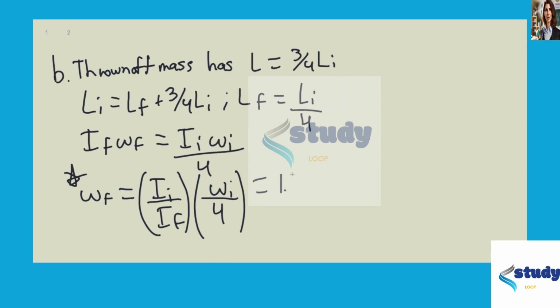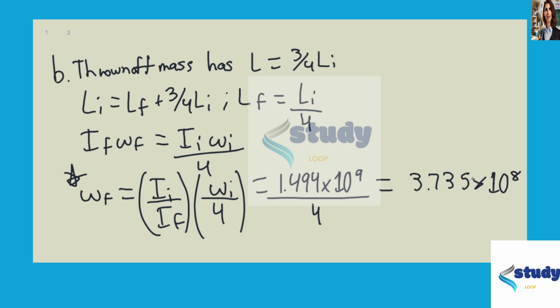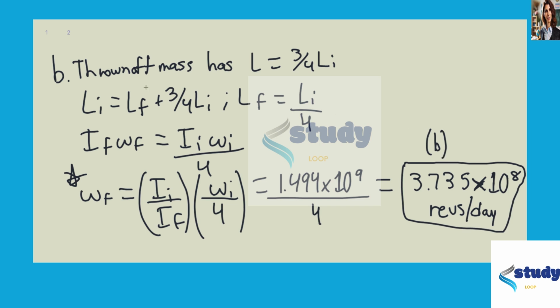So it will be 1.494 times 10 to the 9th divided by 4, and this is going to equal 3.735 times 10 to the 8th revolutions per day. So this will be your answer for the second part, such that the thrown off mass has 3/4 of the initial angular momentum. And that's the end of the solution.